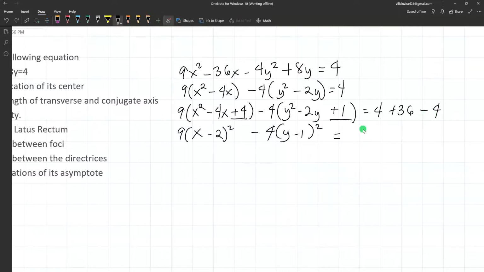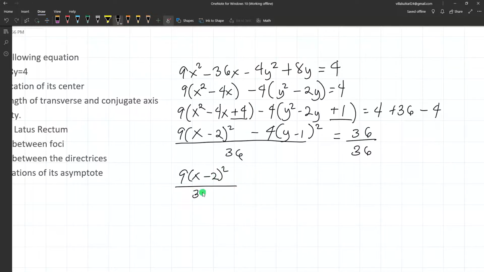The standard form shall equal 1, so we divide both sides by 36. We have 9 times (x minus 2) squared over 36 minus 4 times (y minus 1) squared over 36 equals 1.